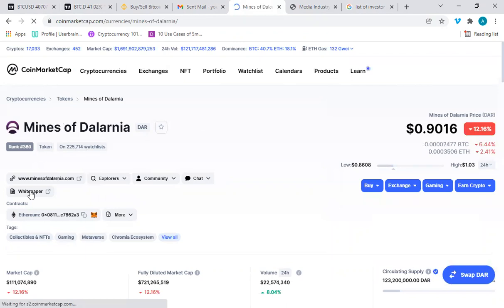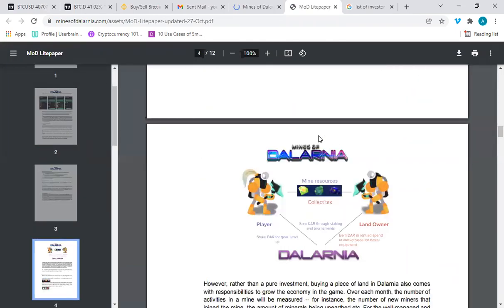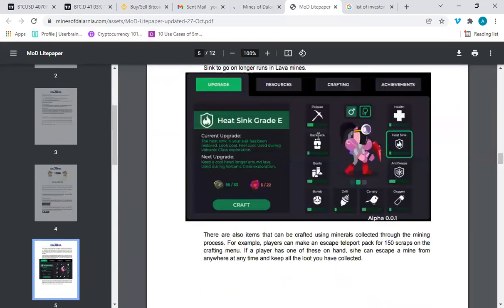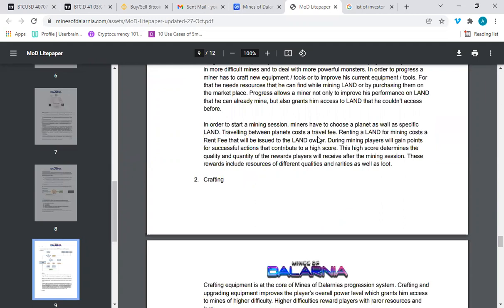I'm just trying to search this code. There are some that will always bring out the investors in their white paper, but not all of them. I see this white paper. It explains how the coin works.